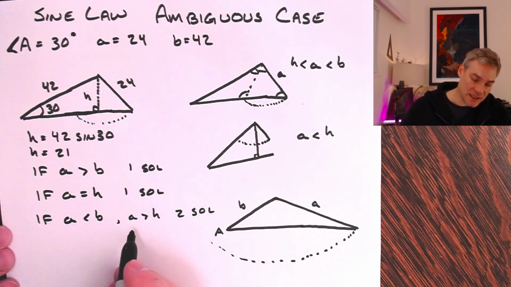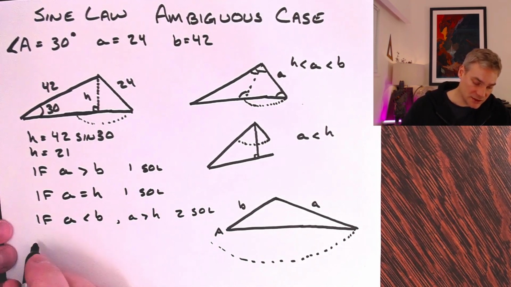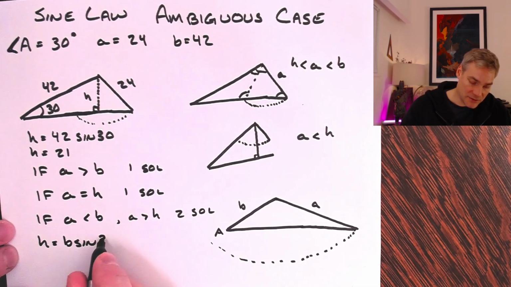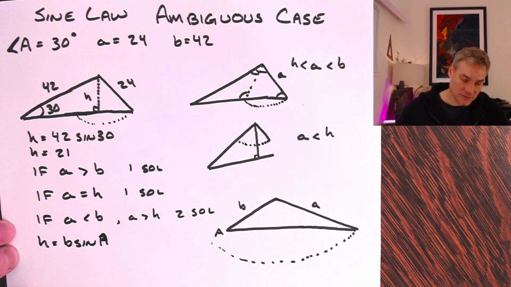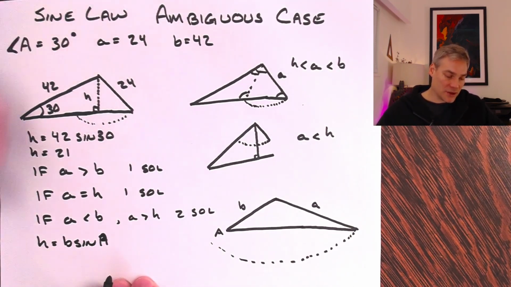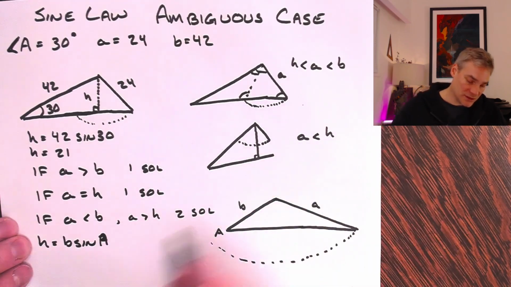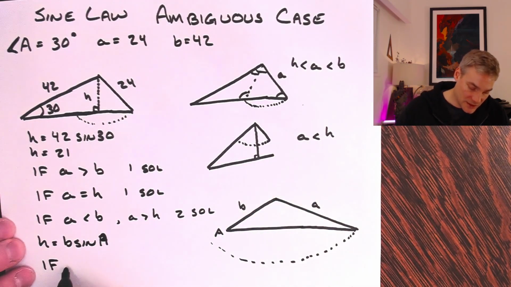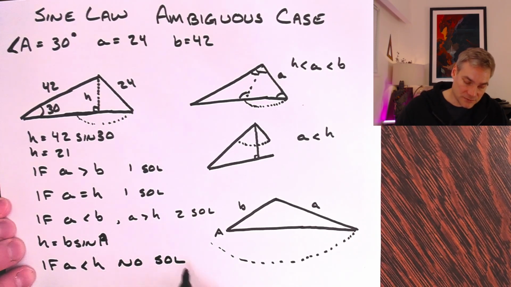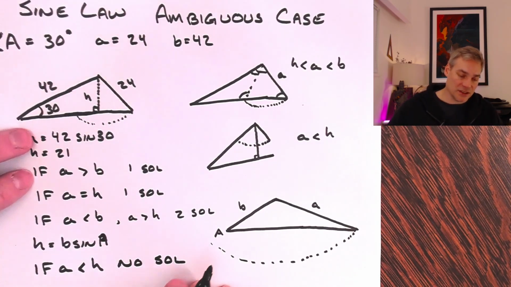We can actually write what h is. We know that h is actually just b sine of my angle A. Now we've gone through all the possible solutions. We also have no solutions, that if a is less than h, we have no solutions.